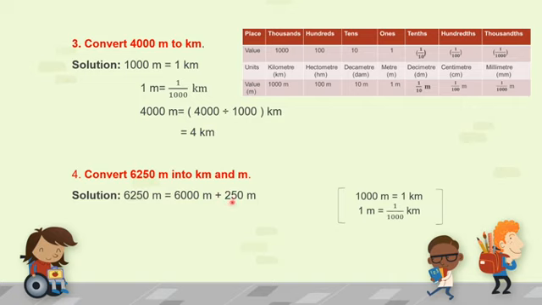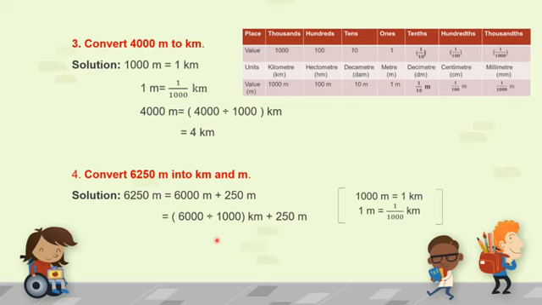Now after breaking this into two addends, you have to change 6,000. This is the bigger number, right? This is meter. This one has 3 digits and this one has 4 digits. Bigger number, so let's first convert this. 6,000 divided by 1,000 kilometer, and bring 250 down as it is. So we divide 6,000 by 1,000.